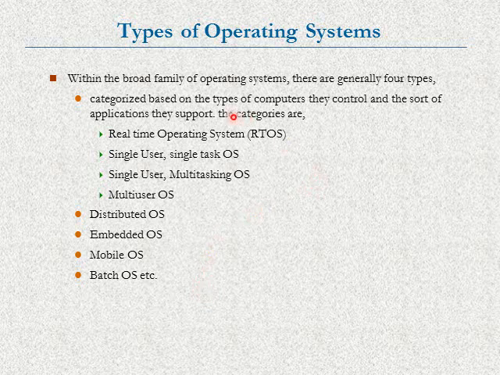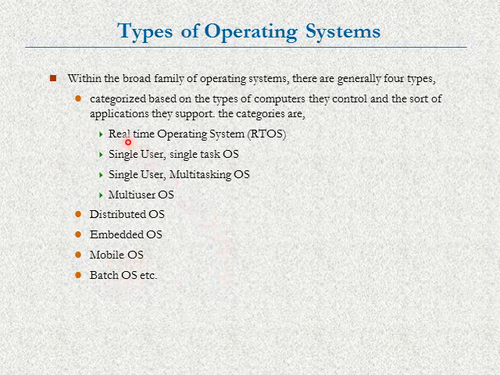So the major types of operating systems are real-time operating systems, single user, single task operating systems, then single user multitask, and then multi-user operating systems. We have distributed operating systems, embedded operating systems, mobile operating systems, and batch operating systems.